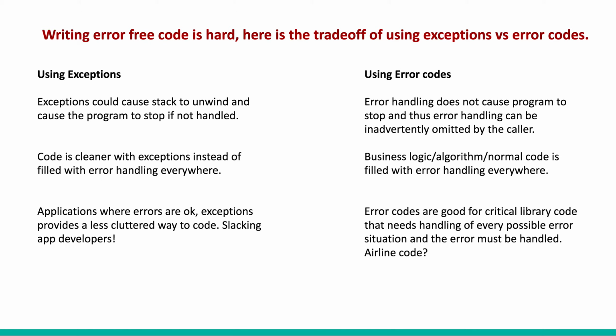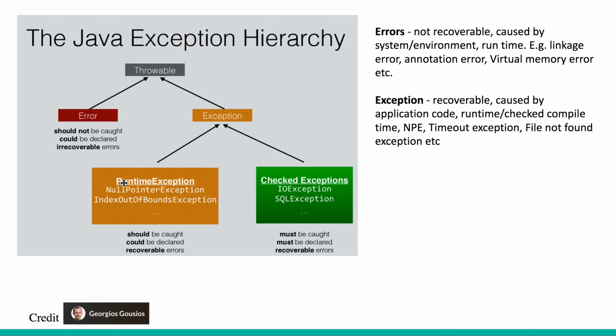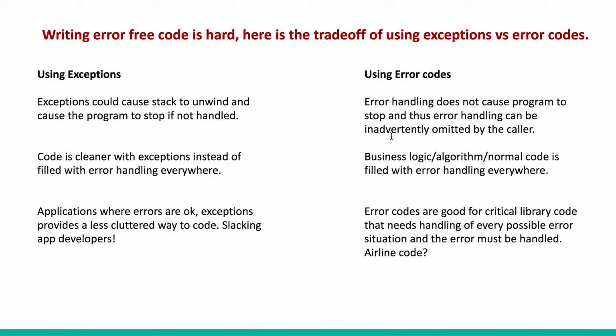When I say errors here, I mean runtime errors or checked exceptions. So for critical library code, maybe error codes with all kinds of error handling is the way to go. But for application code, exceptions seem like a better way to go.